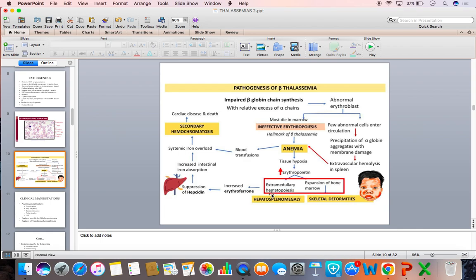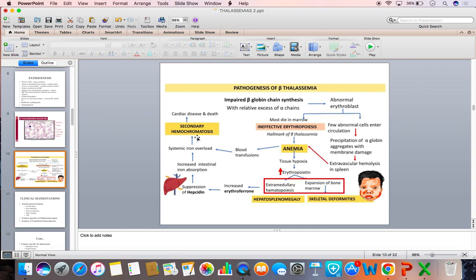Erythropoietin further stimulates extramedullary hemopoiesis that results in hepatosplenomegaly. There is increased erythroferrone synthesis and suppression of hepcidin synthesis, which facilitates iron absorption from the gut, ultimately resulting in systemic iron overload, added to by blood transfusions because the anemia is transfusion dependent.